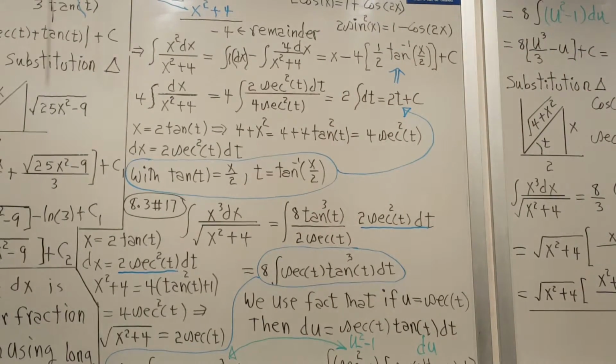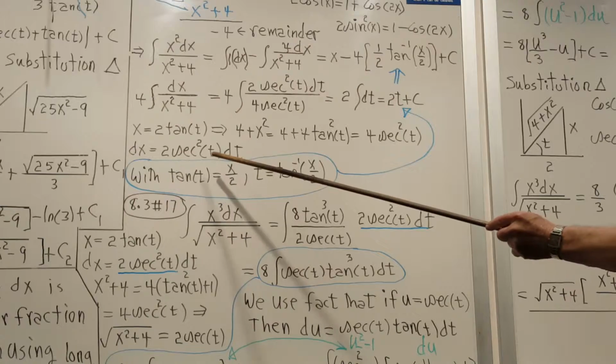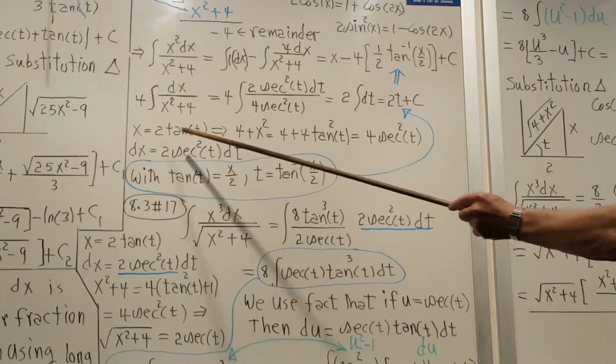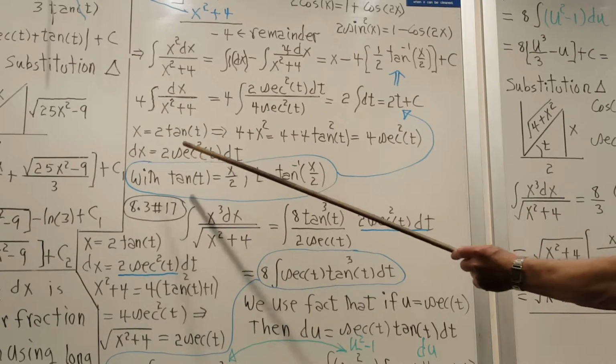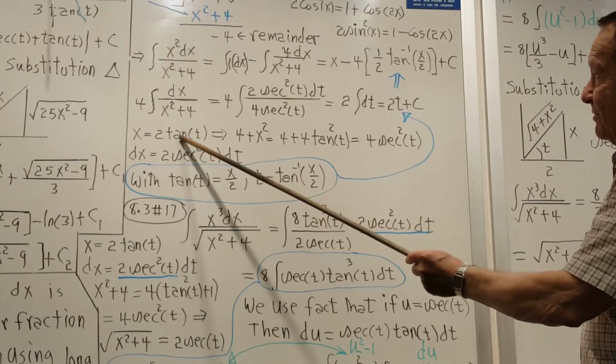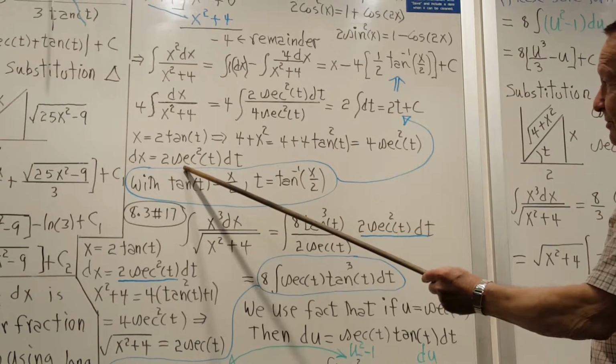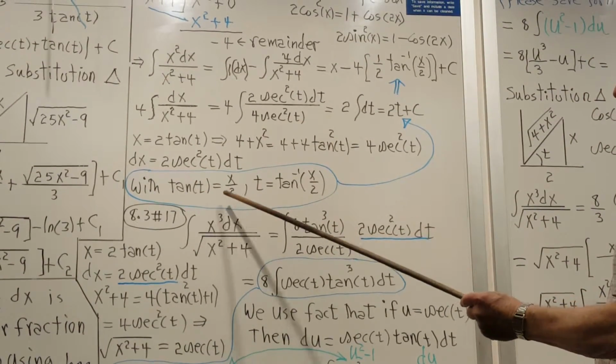And so also if you're letting your x be 2 tangent t, your dx is 2 secant square dt.